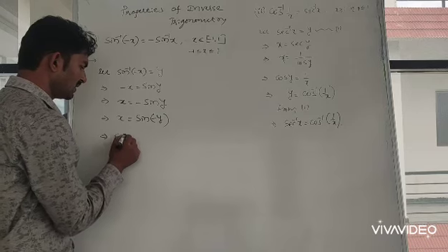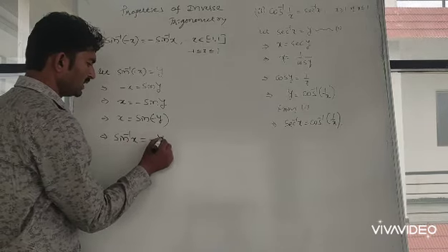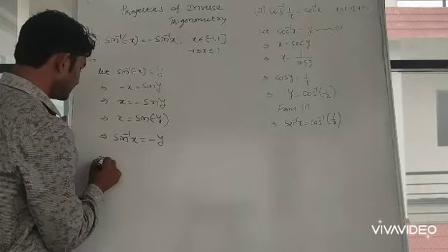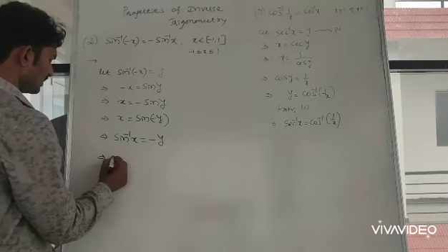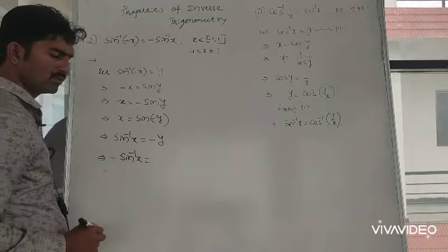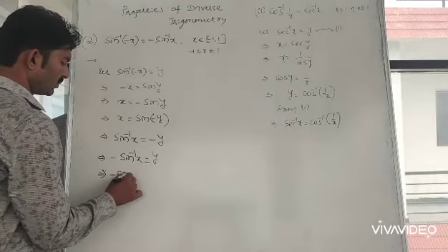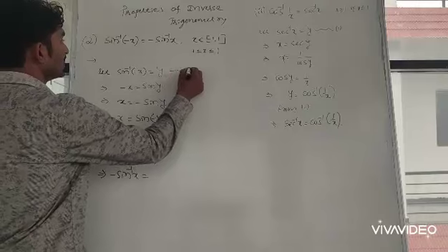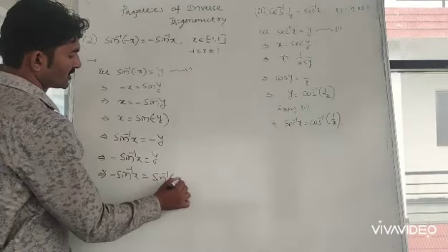It will become sine inverse of x is equal to minus y, which implies, multiplying by minus sign again, minus sine inverse of x is equal to y. What is y here? From step 1, we can write y as sine inverse of minus x.